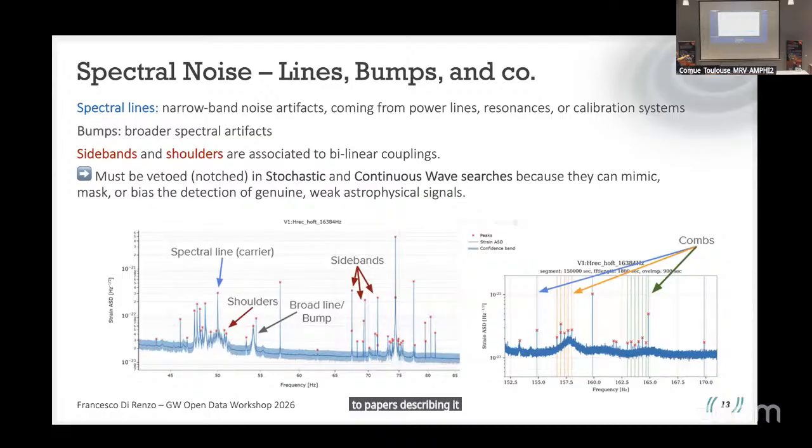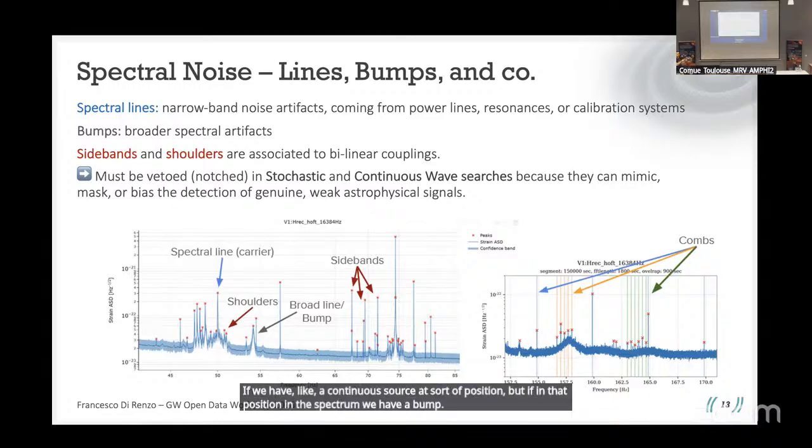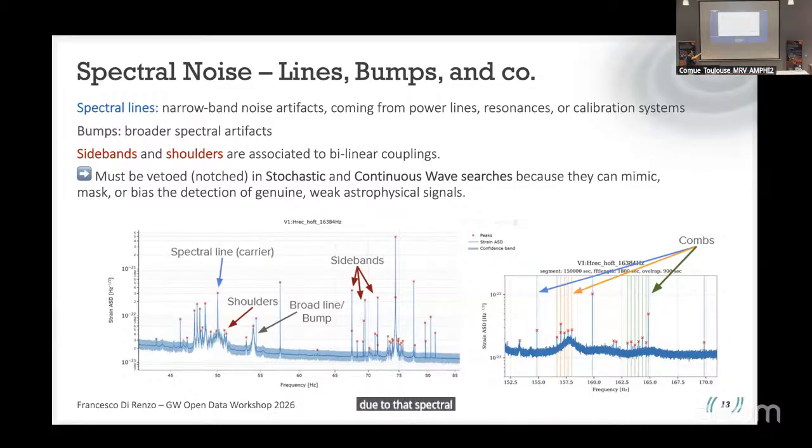Spectral noise is probably clearer to understand if we have a continuous source at a certain position, but in that position in the spectrum we have a bump, a structure, some excess of noise with respect to the ideal noise baseline. We are basically blind due to that spectral noise line or structure, shoulder, bump, whatever. So it is an issue for continuous wave searches.